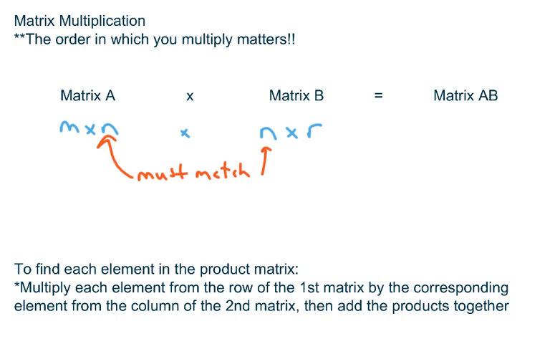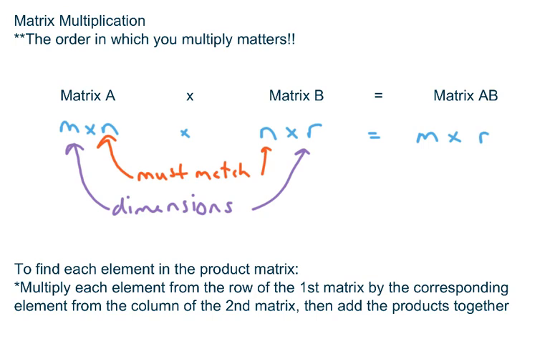The numbers on the outside are going to be your new dimensions. This one and that one give you your new dimensions. So if we did an M by N times an N by R, what we would get in return is an M by R matrix.